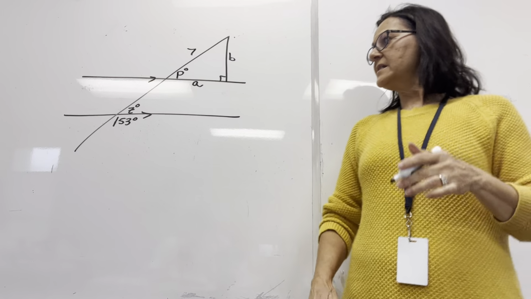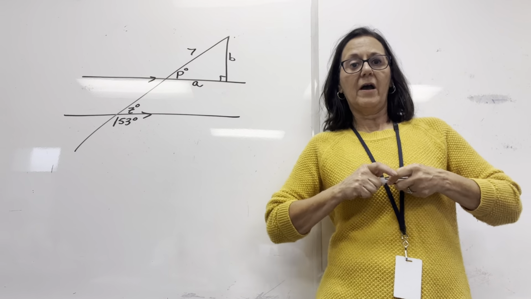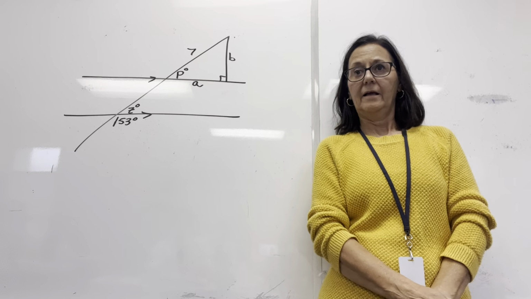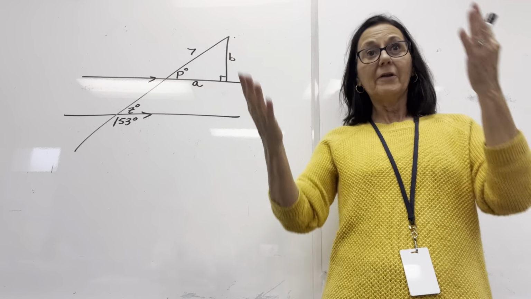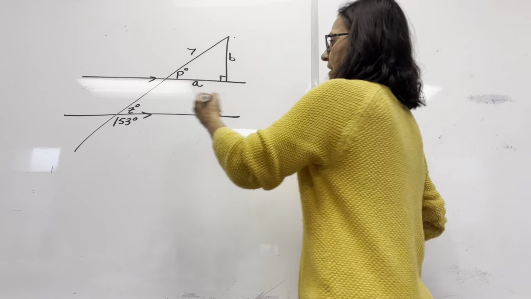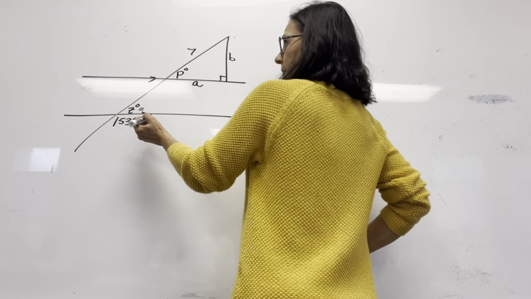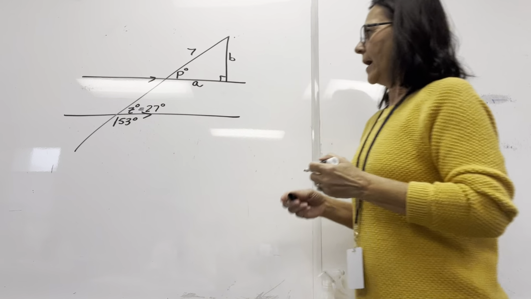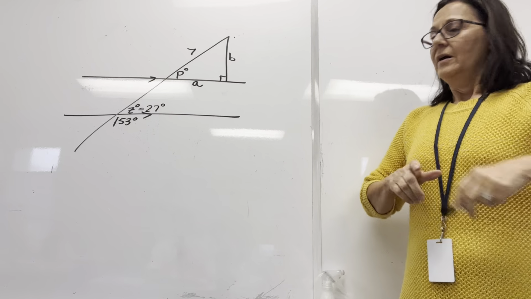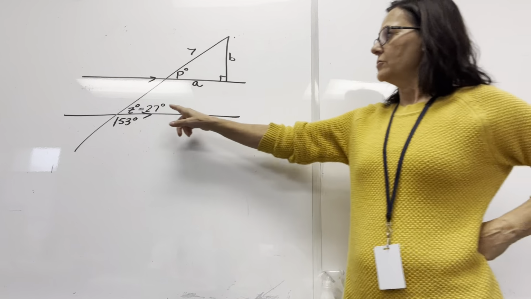So how is Z related to 153? They're a linear pair, and the sum of a linear pair is 180. They're supplementary. So what's the value of Z? 27 degrees. Now, I'm never going to use 27 to solve for P. I'm going to go back to the 153.